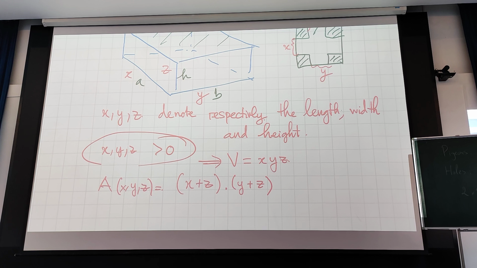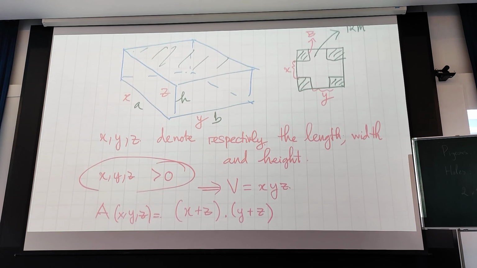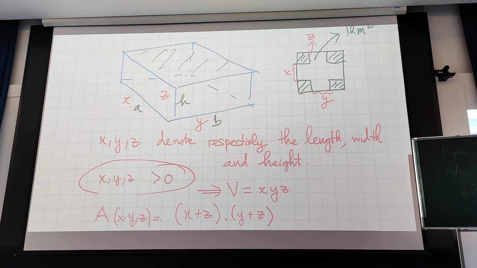Exceed the square. It should be x plus 2z and y plus 2z, right? You agree? This side is x plus 2z and this side is y plus 2z, right?